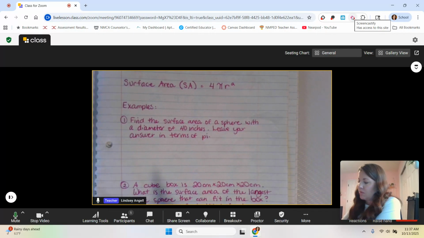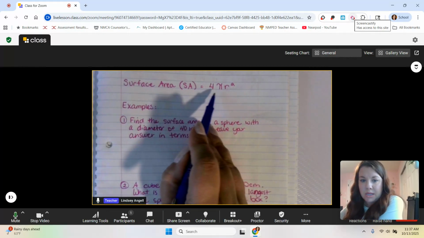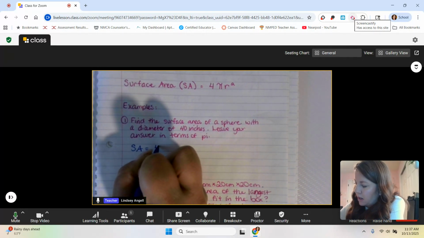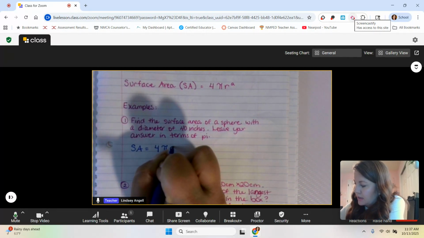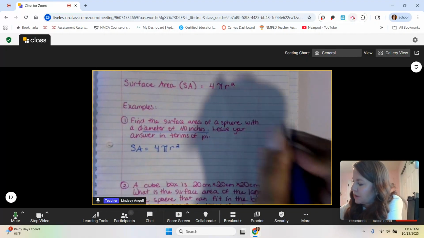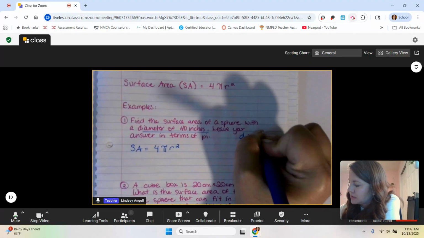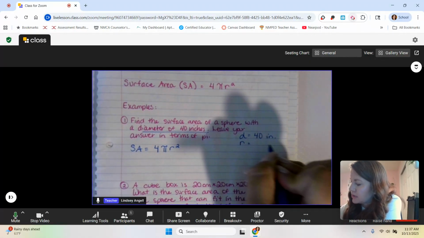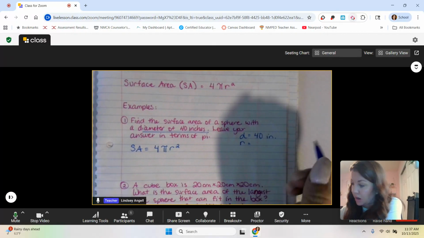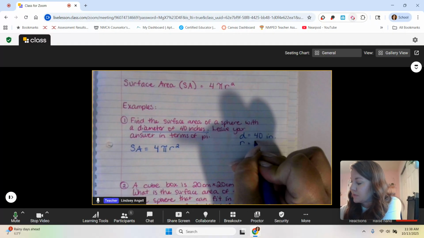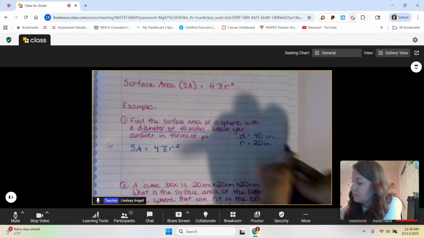First off, we've got our formula here. Surface area is equal to 4 times pi times the radius squared. Well, we were given a diameter, and remember, diameter is twice as long as the radius, but we need the radius for our formula, so we need half of this, which would be 20 inches.